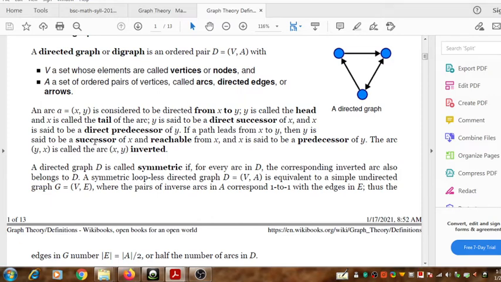The arc yx is called an inverted arc of xy. Here in this case we treat the arcs yx and xy as two different arcs.